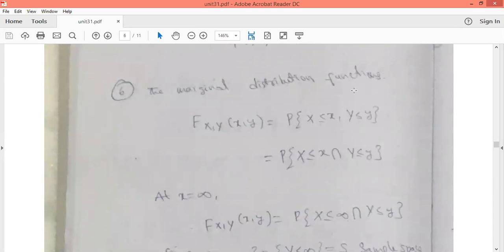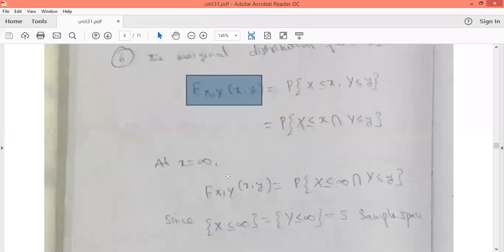Okay, now see here, the probability distribution function Fxy of x comma y can be written as probability of x less than or equal to x, y less than or equal to y. Okay, now what is that? It is the intersection of these two events, that is, probability of x less than or equal to x intersection y less than or equal to y.